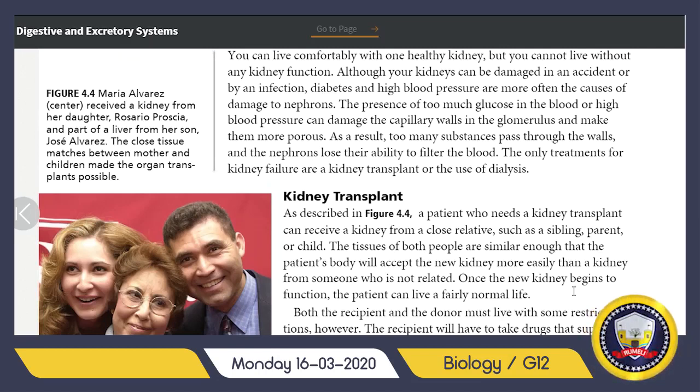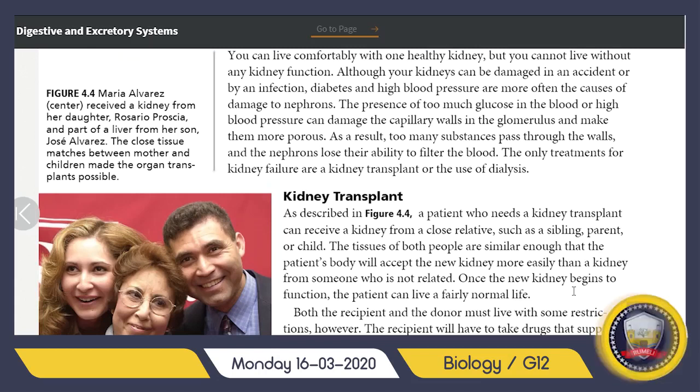Okay, the damage can be the whole kidney, or the capillaries, or the Bowman's capsule. It may be certain numbers of nephrons, or as I said, the kidneys as a whole organs.